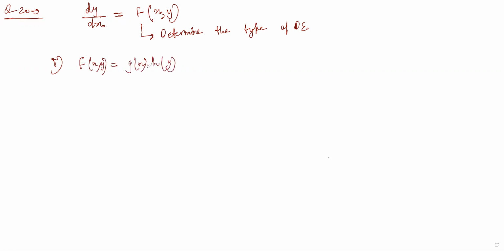So basically, you can make a function of whole of x and a function of y, right? You can divide this into two independent functions, one of which is from x and one is from y, right? So this was variable separable.